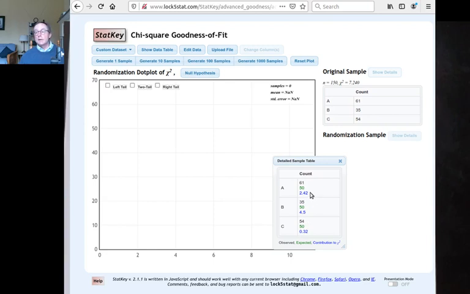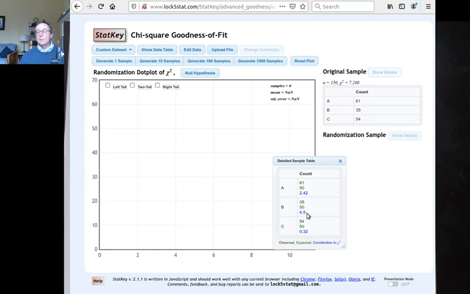To calculate the numbers in blue at the bottom, you take 61 minus 50, square it, and divide by 50. So a mildly complicated formula, but not brutal. That gives you 2.42. 35 minus 50 squared divided by 50 gives you 4.5. 54 minus 50 squared divided by 50 gives you 0.32.